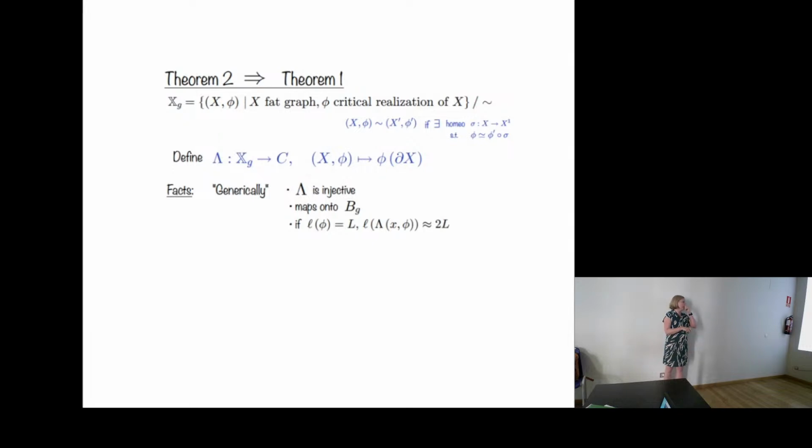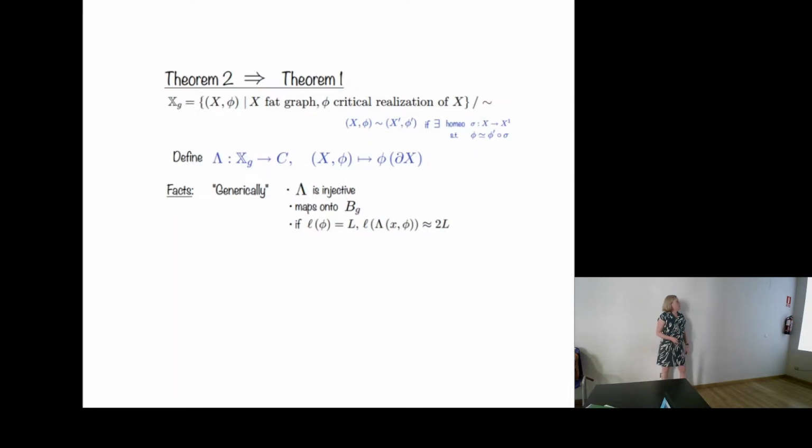What is my curve? My curve is the boundary of this thing, so it essentially goes twice over every edge. Oh, so the L is the sum of the lengths of the edges? Yeah, so the boundary is basically twice.